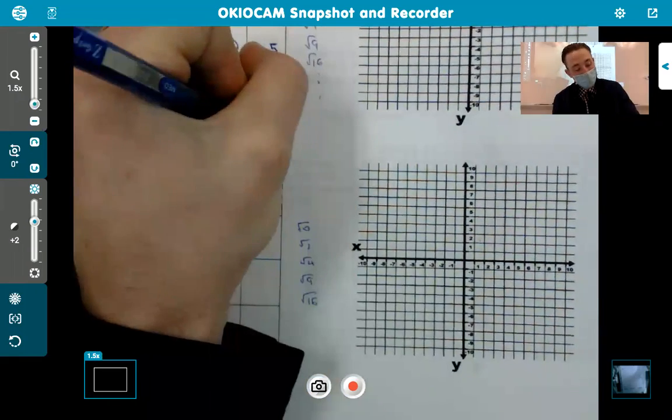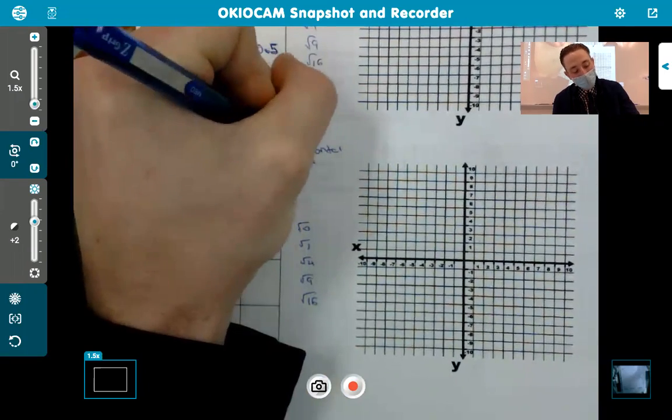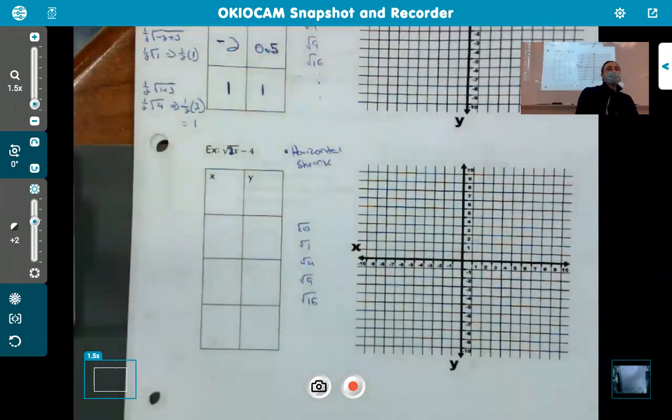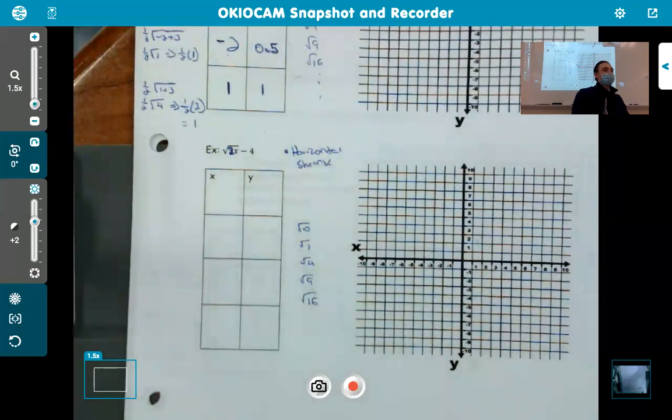So this is going to horizontally shrink my graph, right? Remember, it's kind of the opposite of the vertical idea. So if it's greater than 1, it's shrinking underneath. If it's greater than 1 on the outside, it's stretching it. So there are some things that you kind of need to take into account. It's also probably going to shrink it by half of what we are usually doing since it's 2 times.